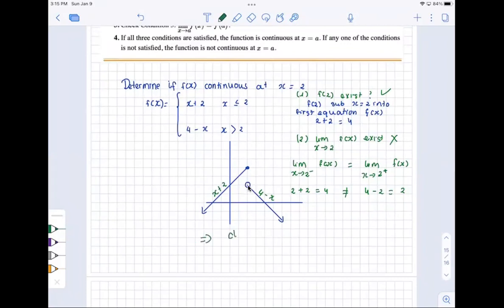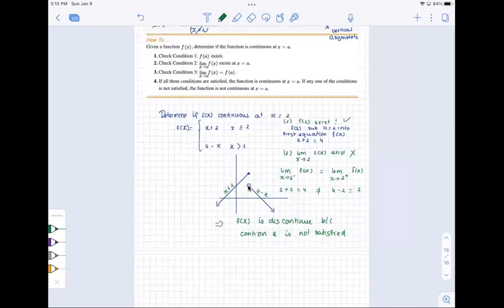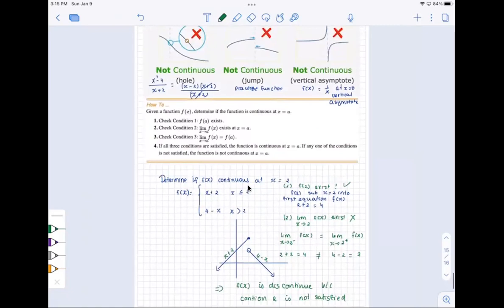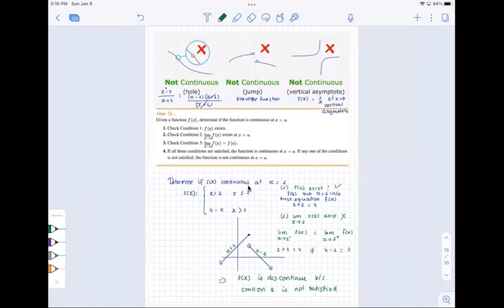So f of x is discontinuous because condition 2 is not satisfied. That is an example of how you can tell continuous or discontinuous functions.